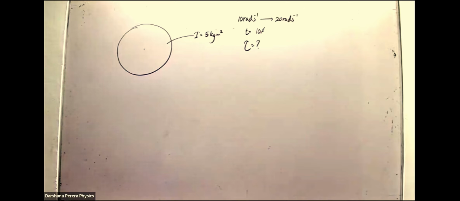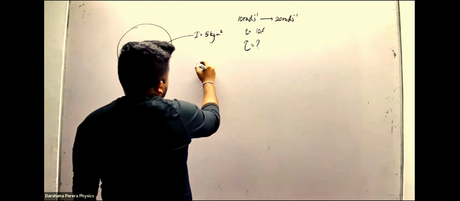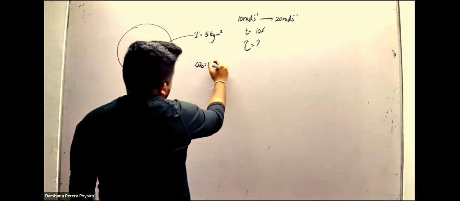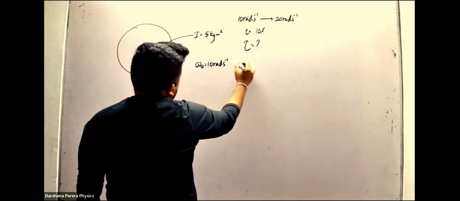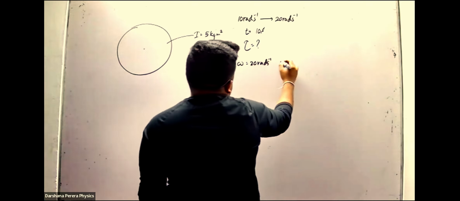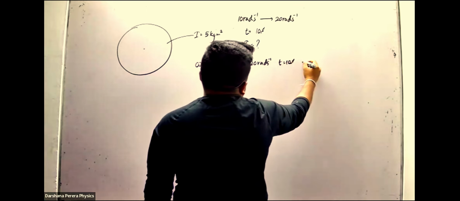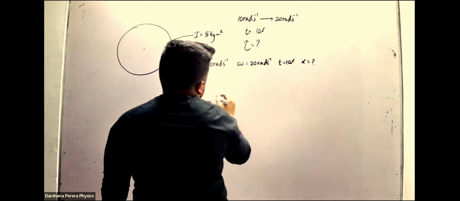Okay, hurry up and find out. The unit of torque is Newton meter, right? So omega naught equals 10, omega equals 20, t equals 10 seconds. We have to find alpha.